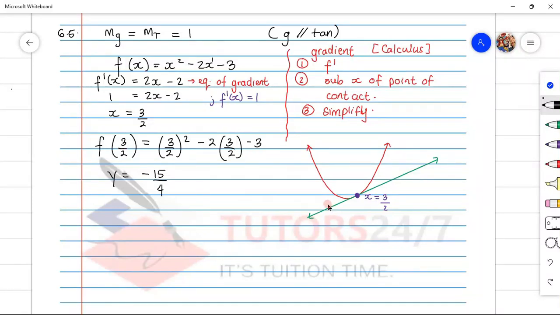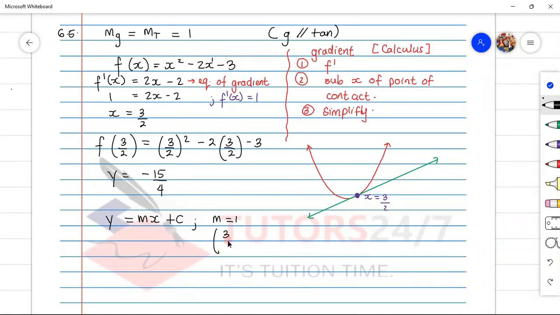Now that we have both our requirements, our gradient and our coordinate, we can find the equation of our tangent. We know that our equation of a straight line is y equals mx plus c. From here we can substitute our gradient and our coordinates. Our gradient is m equals 1.